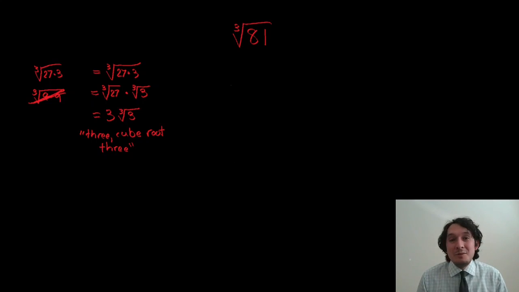Strategy number 2 was just divide not by everything that you can, but only by the perfect cubes. So we take 81, we try to divide it by 4. Doesn't work. Not 4, because 4 is not a perfect cube. Let's try that again. We take 81, we try dividing it by 2 cubed, which is 8. It doesn't divide evenly. We try again to divide by 3 cubed, which is 27. That divides evenly, and we see that we actually get the same thing.